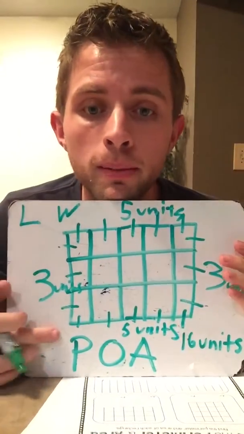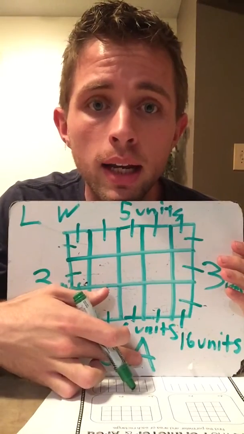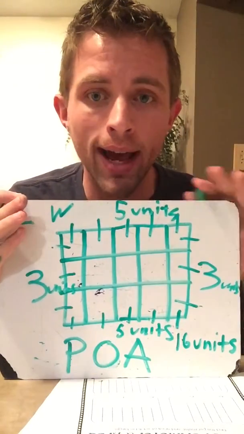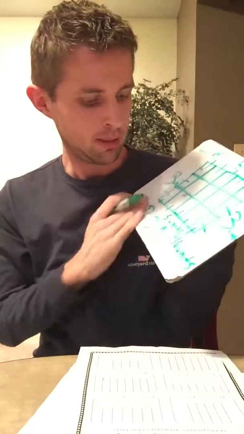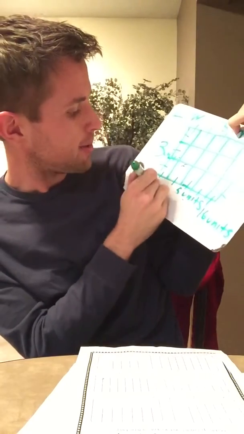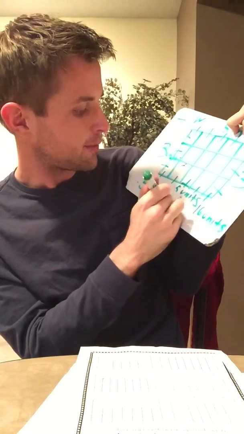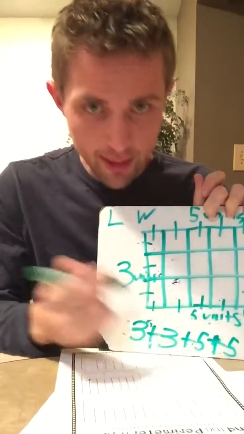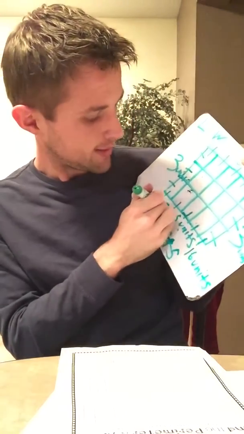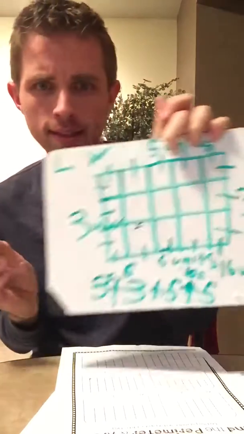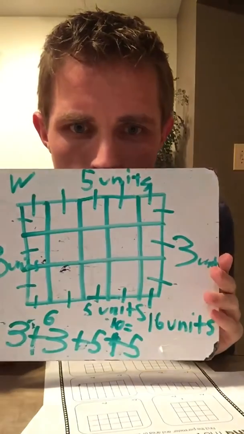And then remember, perimeter is outside, so we do what? We add, right? And remember, you gotta add your whole outside. So I'm gonna do 3 plus 3 plus 5 plus 5. 3 plus 3 is 6. 5 plus 5 is 10. 10 plus 6 is 16 units, right?